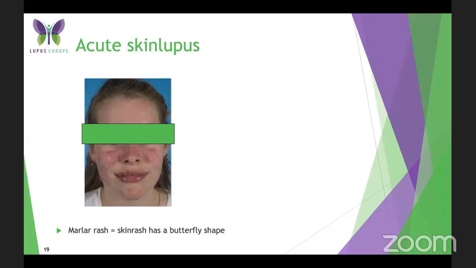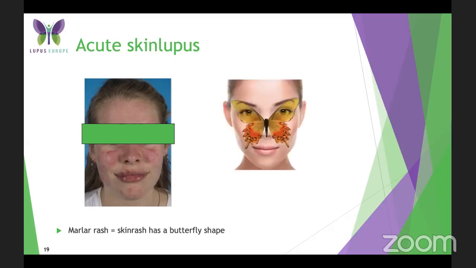This is, by the way, a picture of one of my patients who gave consent for presenting her picture anonymously. The malar rash which people with lupus develop is a skin rash which has a red butterfly shape on the face. Next slide, please. So for example, you can compare this with a butterfly on this face when you look only at the shape of it. Next slide, please.